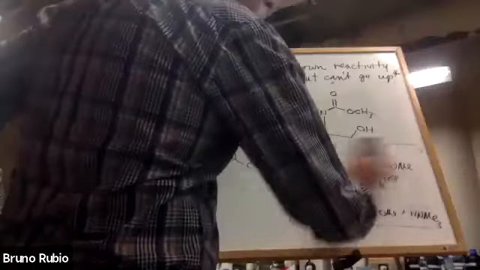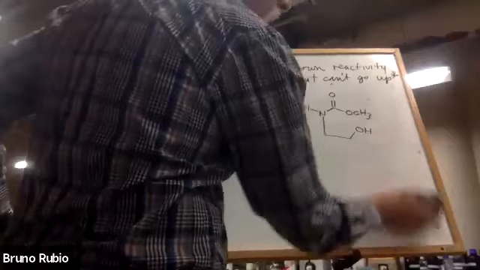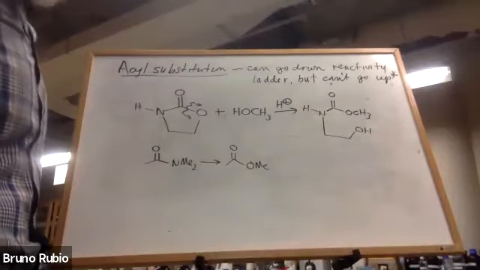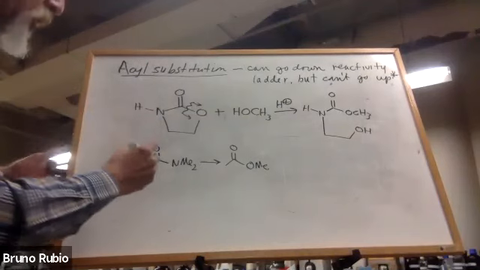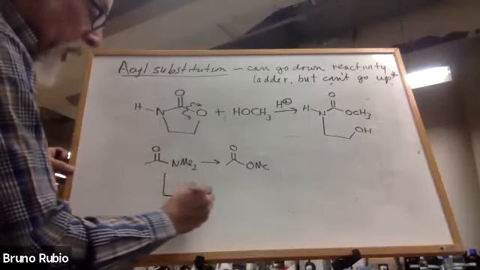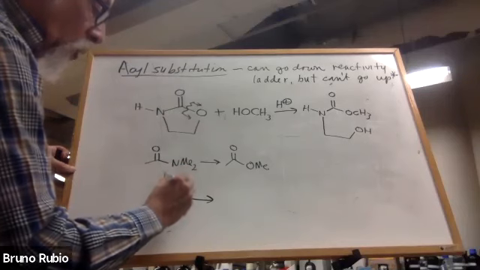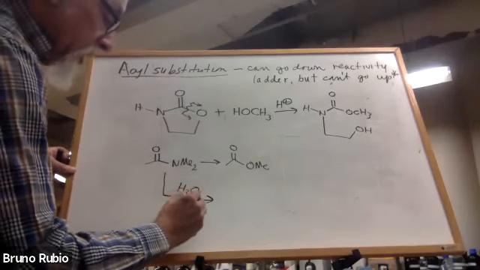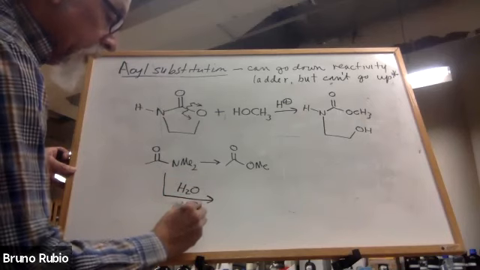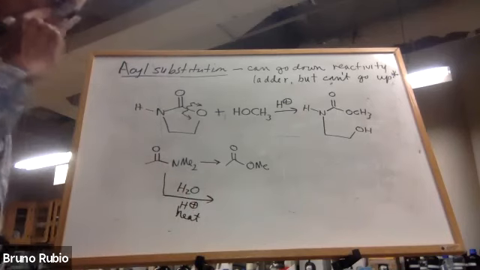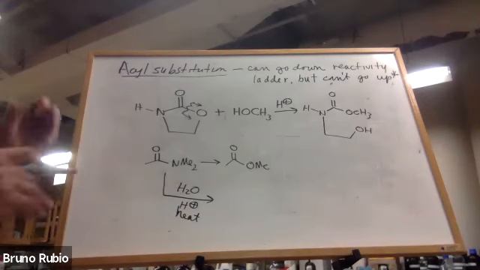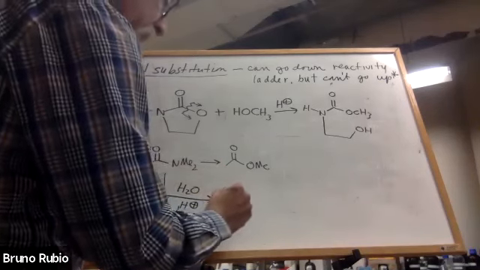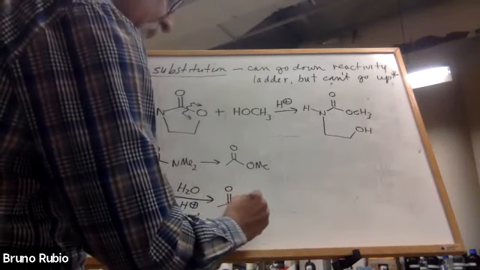We know that the only acyl substitution reaction that amides engage in is hydrolysis, reaction with water. So I could take this, water, acid, heat. This is one of our exceptions to the reactivity ladder, that we can go from an amide to a carboxylic acid.